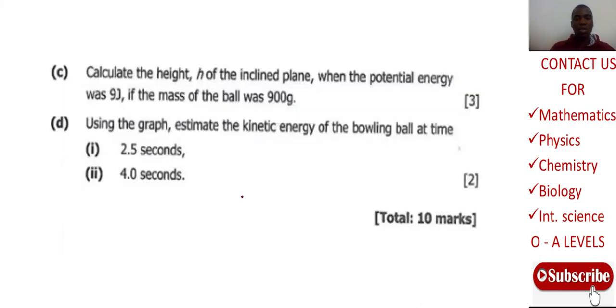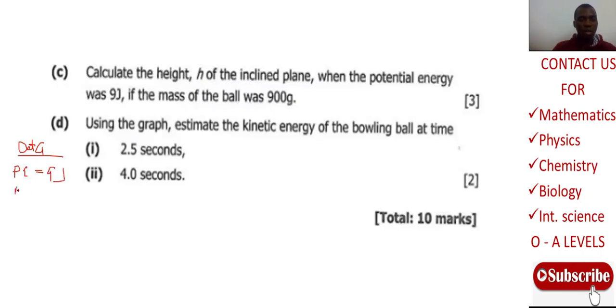Okay, so we go to the next question, which says calculate the height h of the inclined plane when the potential energy was 9 joules if the mass of the ball was 900 grams. So data collection here: look at the data that will be given. We have potential energy equals 9 joules.